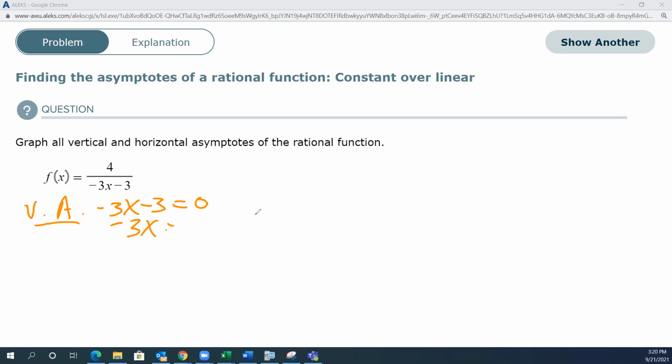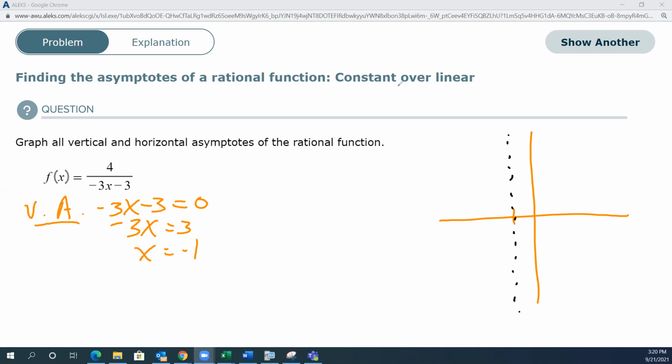So if we add 3 and divide by -3, our vertical asymptote will be the equation x equals -1. All right, so when x is -1, we get a vertical asymptote. All right, cool.